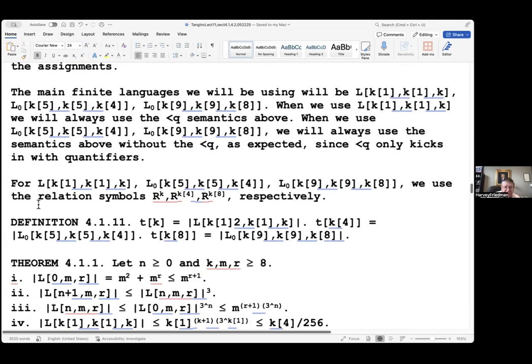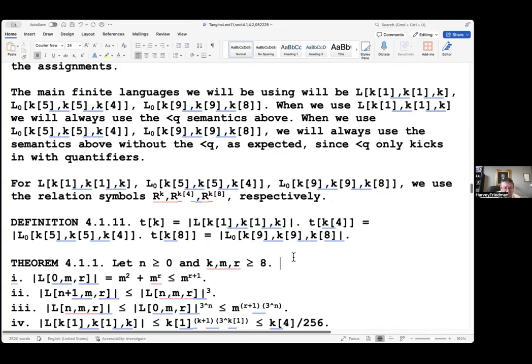And the relation symbols that are used are R super K, R super K4, and R super K8, respectively. And we let T of K be the number of formulas in the language.